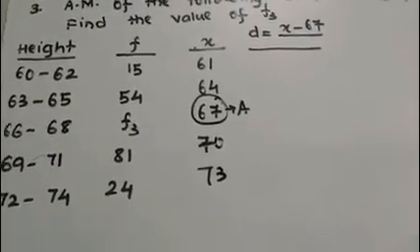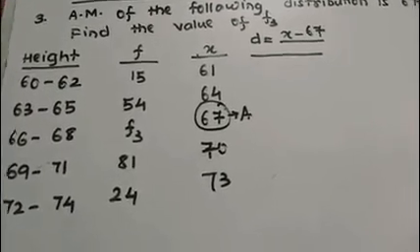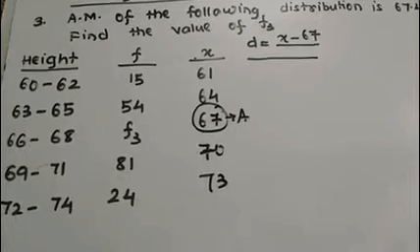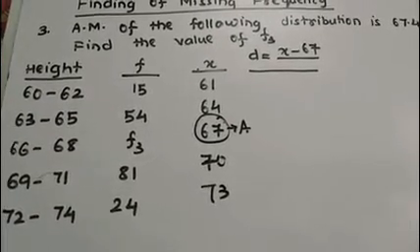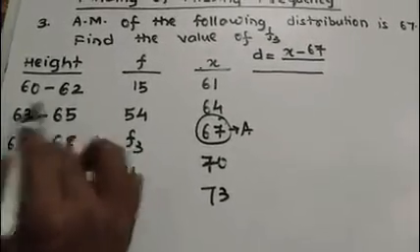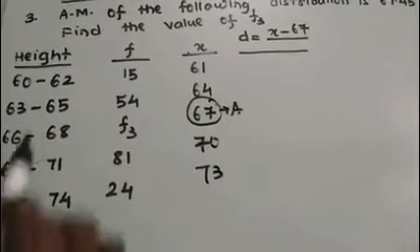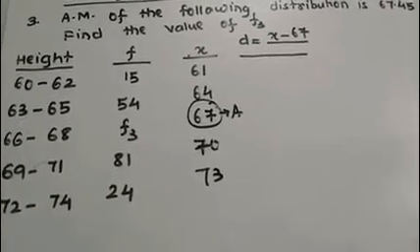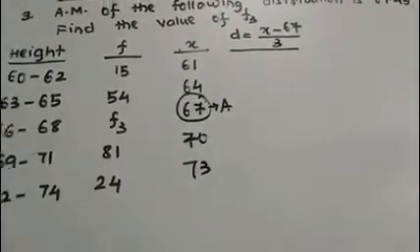Absolutely, class length means upper limit minus lower limit, but that is applicable only when the data is continuous, right? What is the data here? Discontinuous. So you are always seeing 62 minus 60, 2, 65 minus 63, 2. No, here i, your class length, is 3.